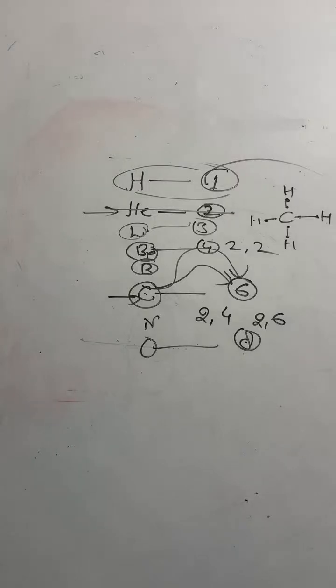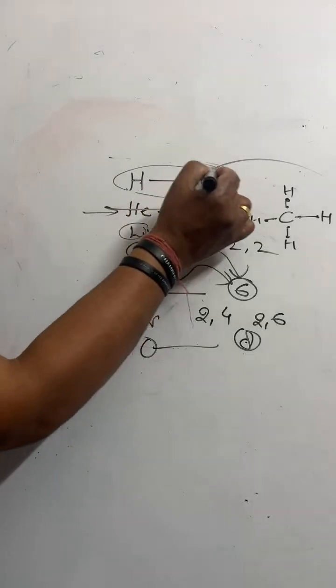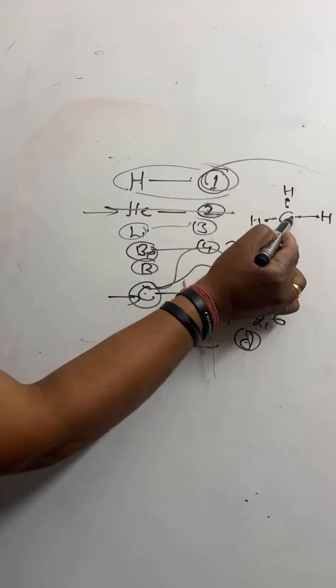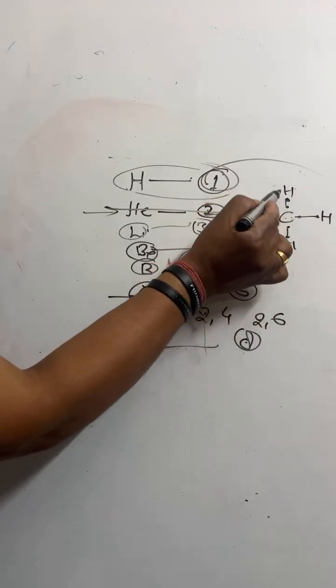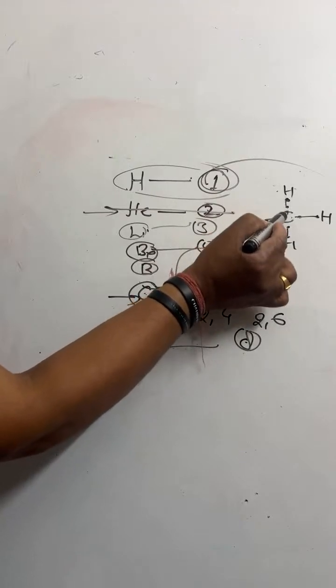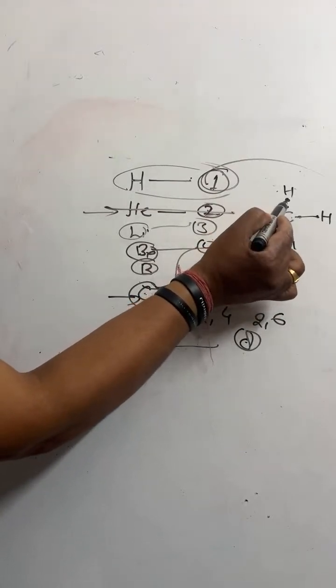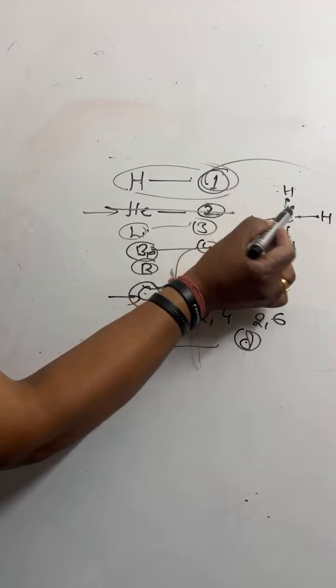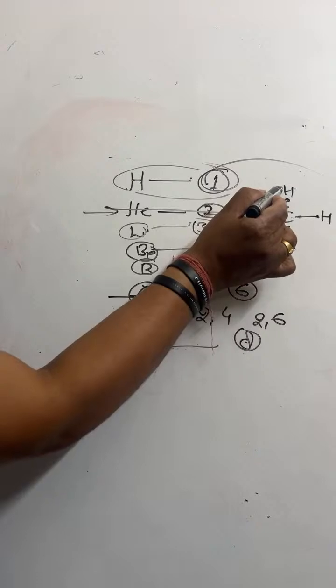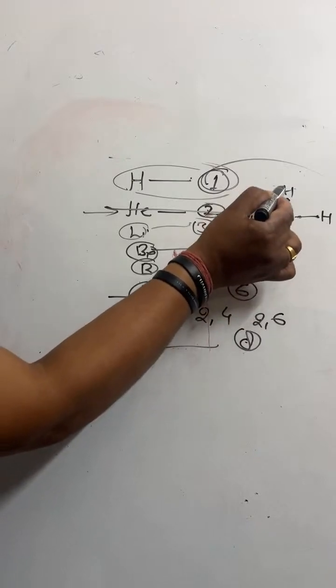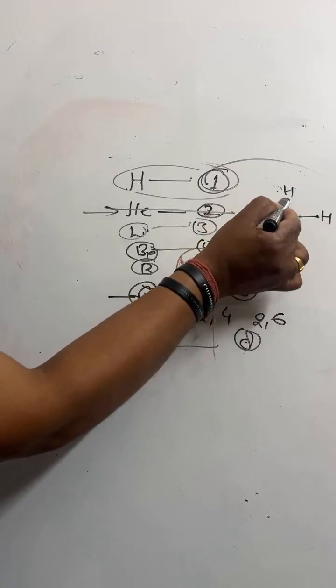And hydrogen is very smart. Hydrogen was having only 1. He came in contact with carbon and said, yes, take my electron. But when he was ready to give, he told carbon, you also put your 1 electron here, I will put my electron here, and you can count mine and I will count yours. So this hydrogen counts in his electrons this and this. So 1 and 1, 2.